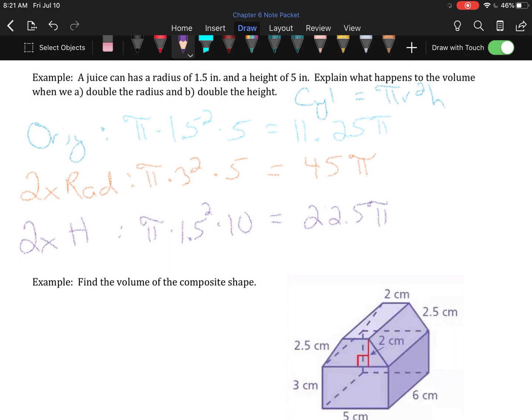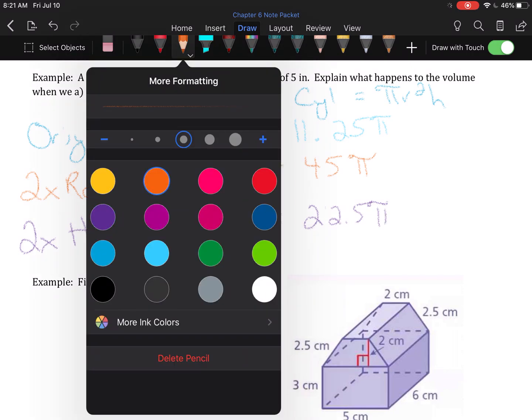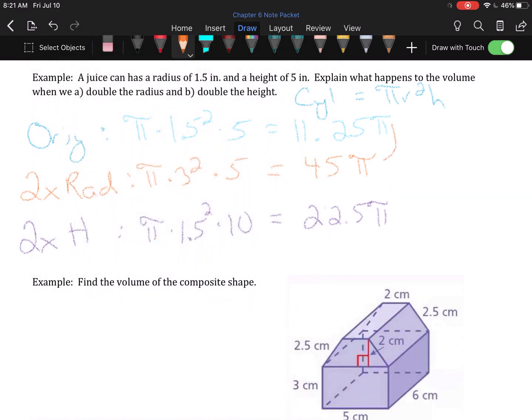So what happened to the volumes when we did these? Well, when I doubled the radius, what happened to the volume? What did it multiply by? It didn't double, that's easy to tell. The easiest way to figure out what the multiplier was is take the bigger, the 45, and divide that by 11.25. We can ignore the pi's when we do this. When I doubled the radius, I actually got 4 times the volume.